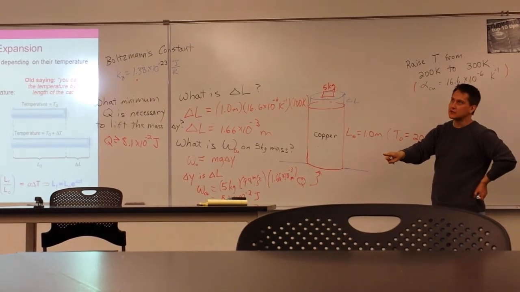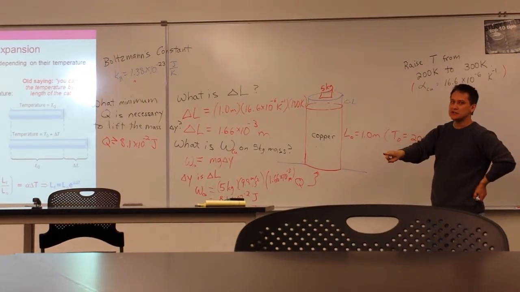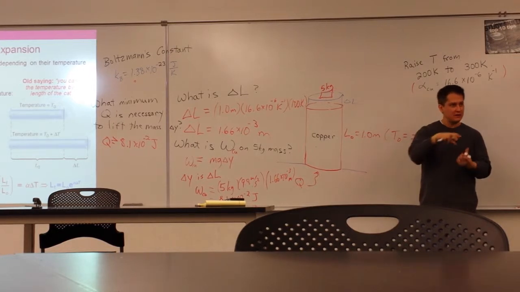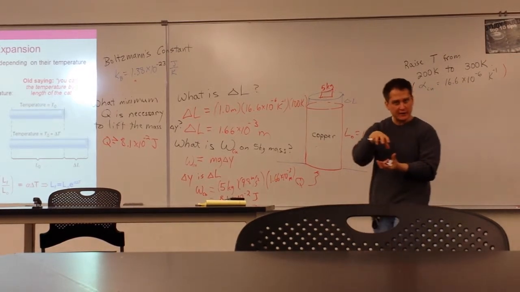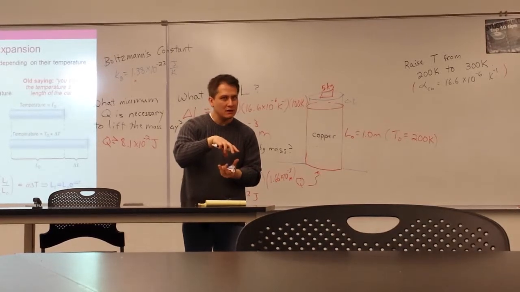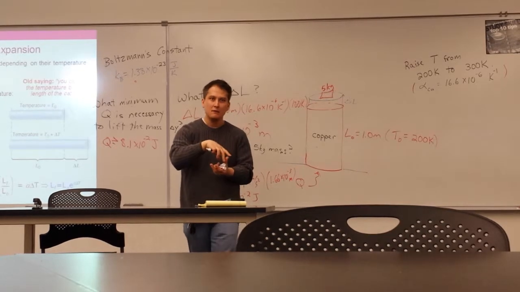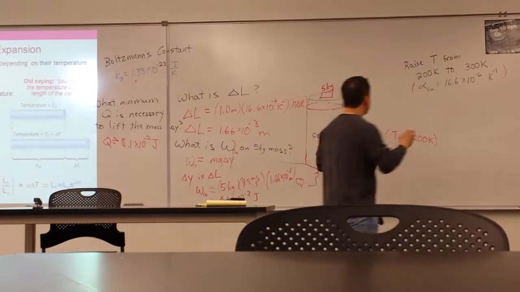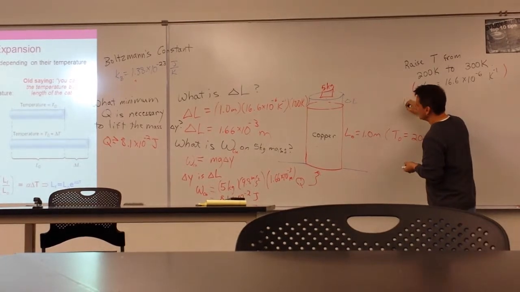So, let me ask you another question. How does the internal energy of the copper compare to what it was at 200 Kelvin when it's at 300 Kelvin? It's higher. How much higher? Molecules are moving faster. Use 1/2 mv squared.